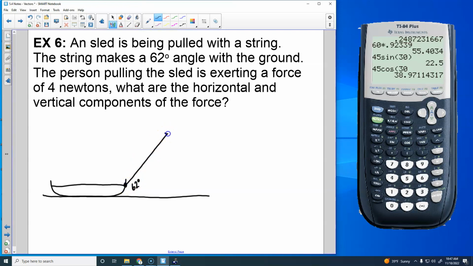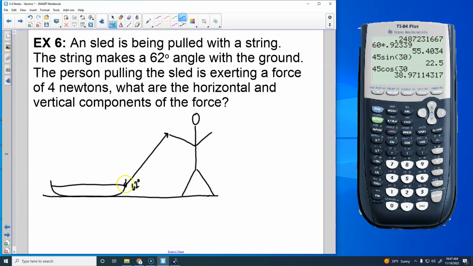This is our vector. I'm going to put an angle over here on the end. And then here's our person that has decided the best way to drag the sled along is to put their hands up in the air like this. But that gives us a vector here.